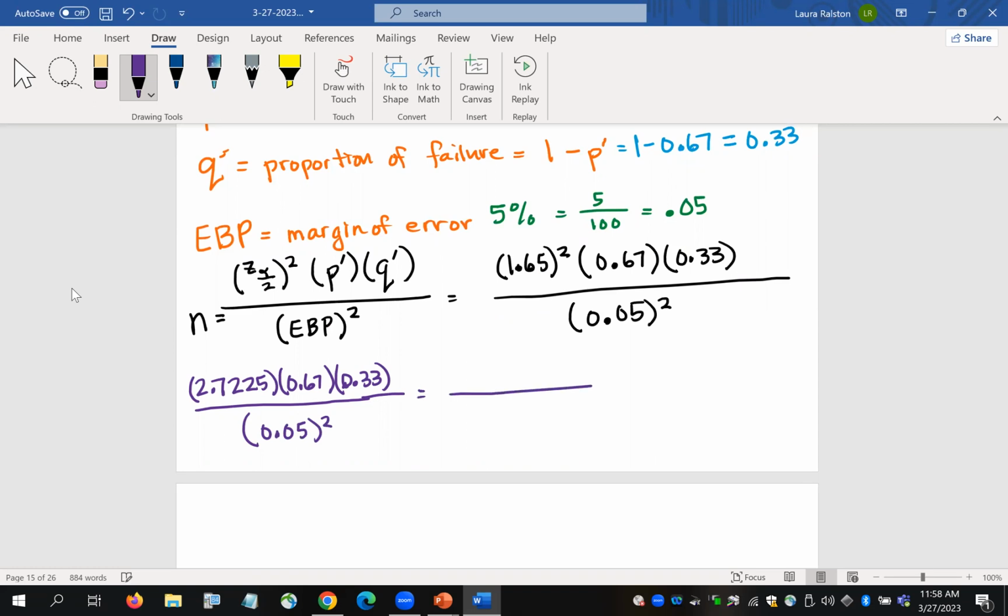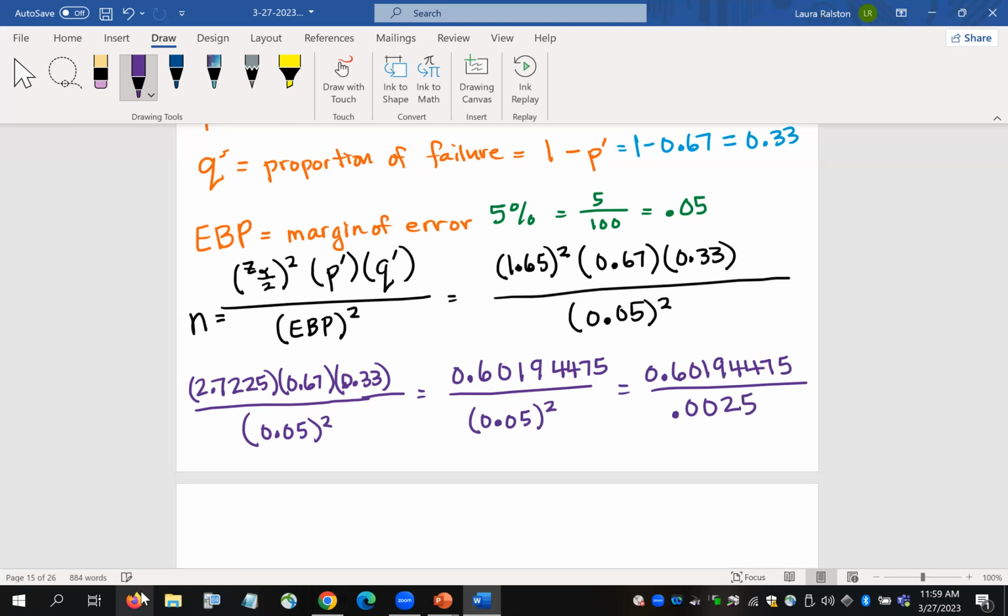Perform the multiplication in the numerator. So 2.7225 times 0.67 times 0.33 is 0.60194475. Now square the value in the bottom. 0.05 squared is 0.0025.